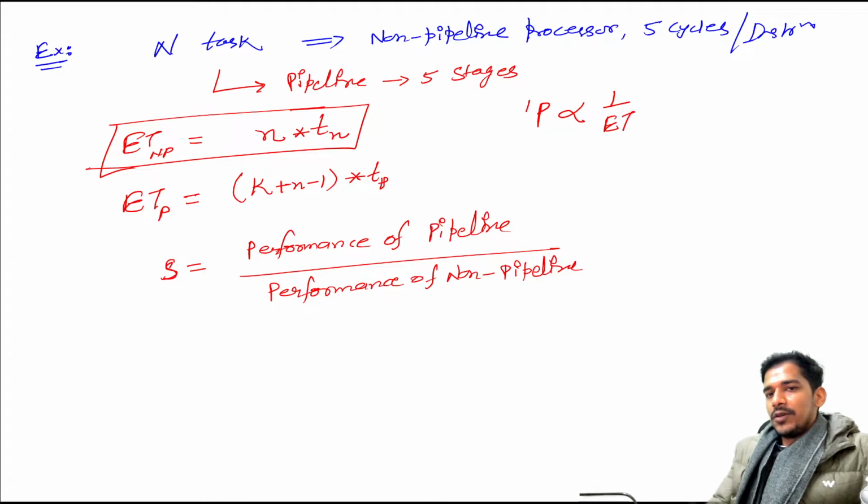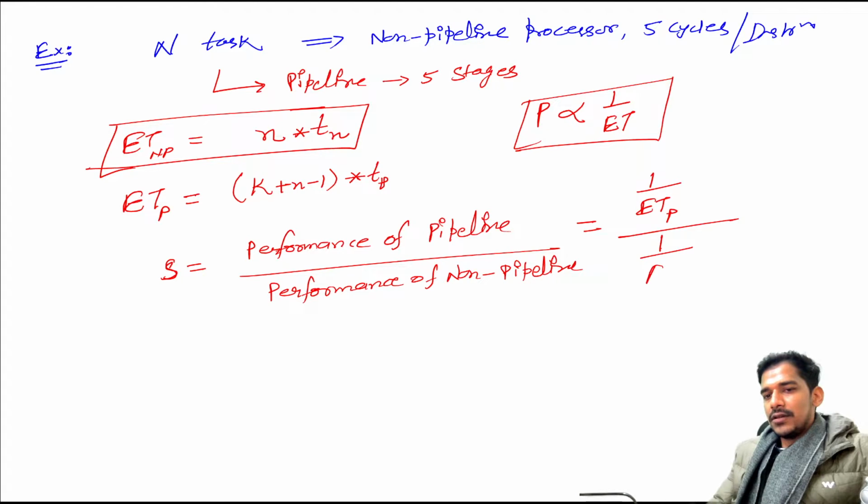So we can say that the performance of the pipelining is 1 upon the execution time in the pipelining system, and the performance of non-pipelining is 1 upon the execution time in the non-pipelining system. So the speedup will become simply the execution time in non-pipelining divided by the execution time in the pipelining system.